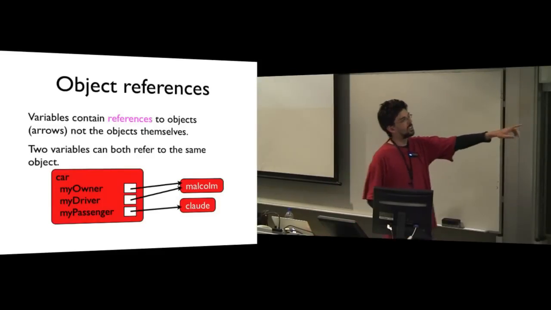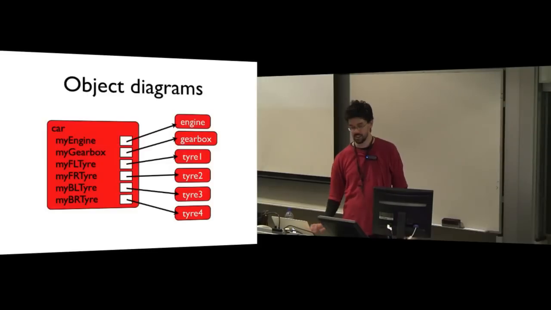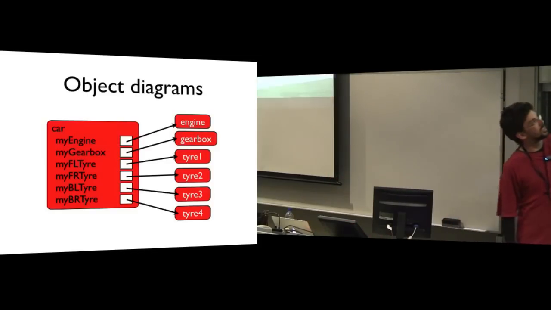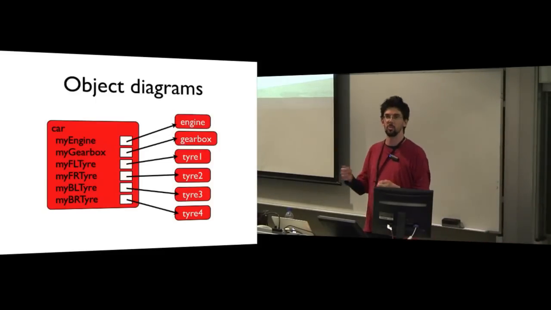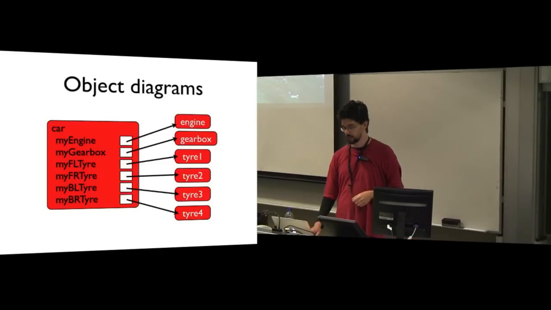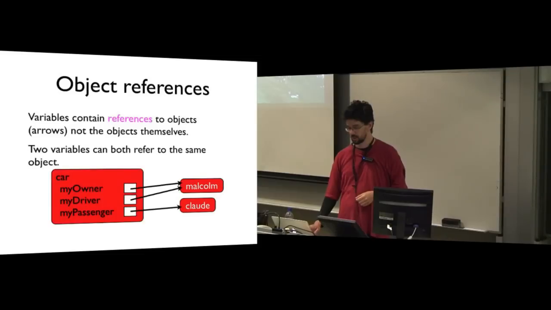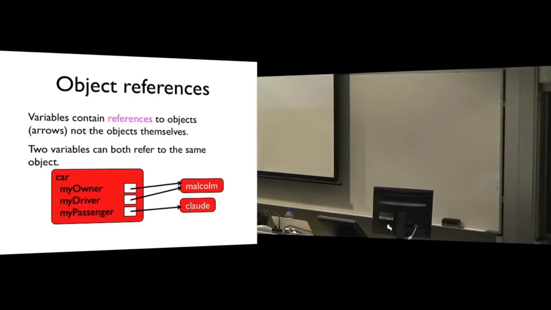These arrows, rather than thinking about each of these fields as containing the object, think about it as the field contains a reference to that object, or an arrow pointing to that object. The reason that's important is sometimes we can have, for example, 2 different references which both point to the same object.